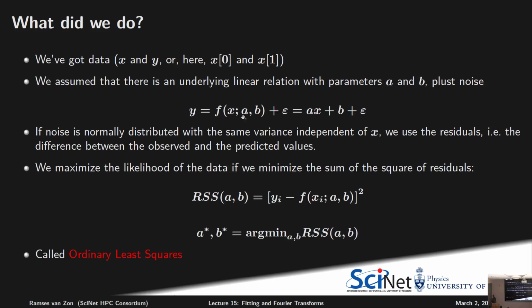In this case here, we have a linear form in a and b, as well as in the independent variable x. The only thing that matters for this to work is that a and b occur linearly. The x could be x squared, could be x cubed. The same kind of least squares stuff would work, because we're really minimizing with respect to a and b. So that's the linearity that matters.